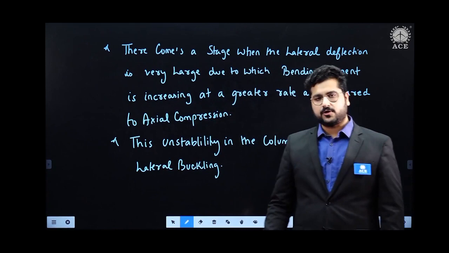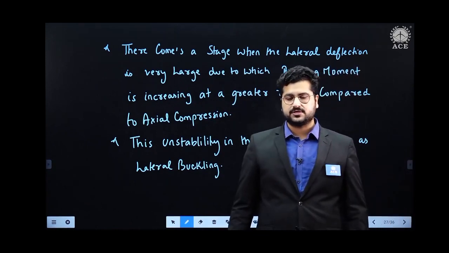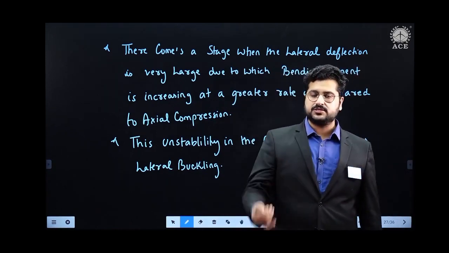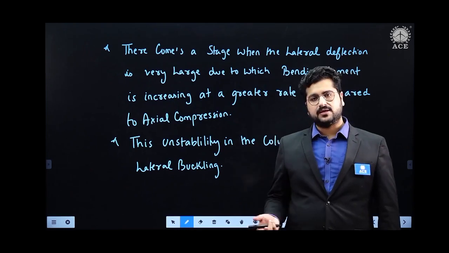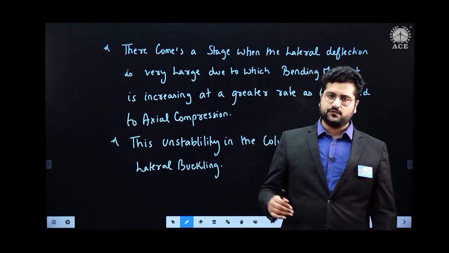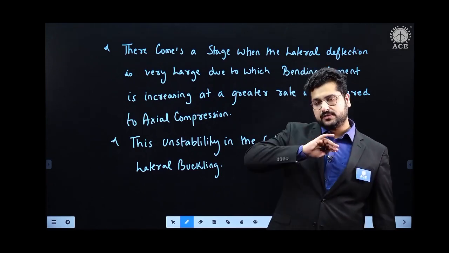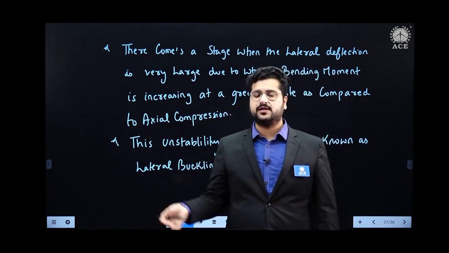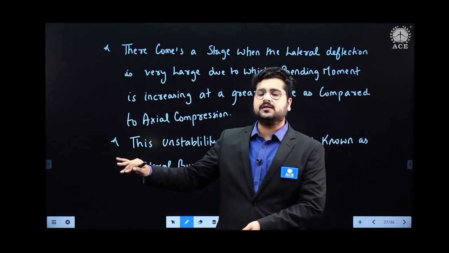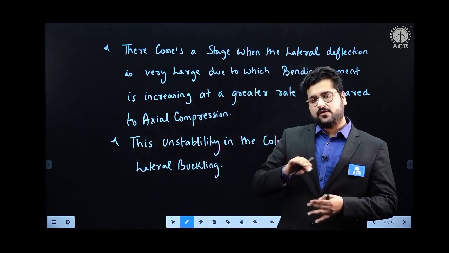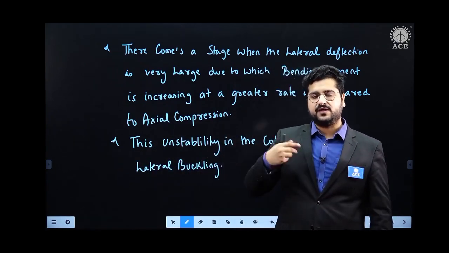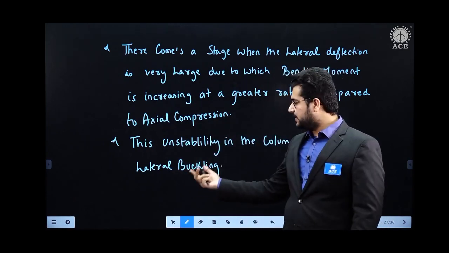So what is the problem in our steel structural members? They have some initial curvature present inside them, and there are some residual stresses also, due to which when we apply the load, it is actually not deforming in the direction of the load. The member is deforming perpendicular to the direction of loading, or you can say it is moving laterally outward. This lateral outward movement of the column results in its failure, which is called lateral buckling failure.